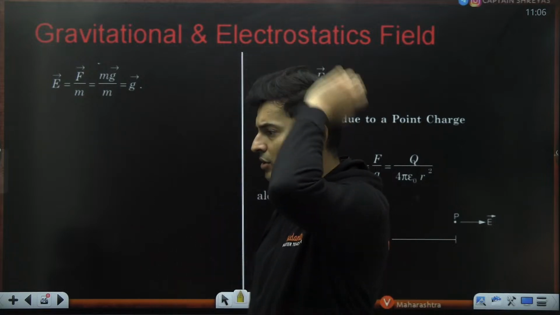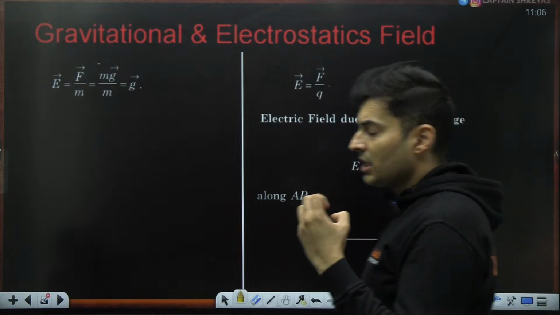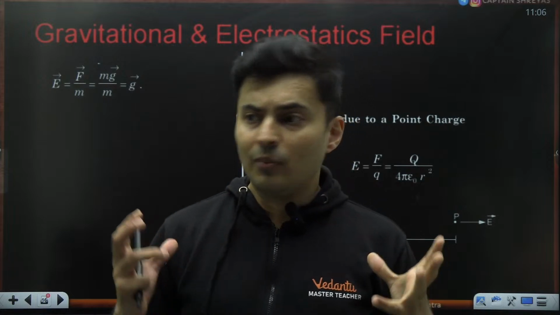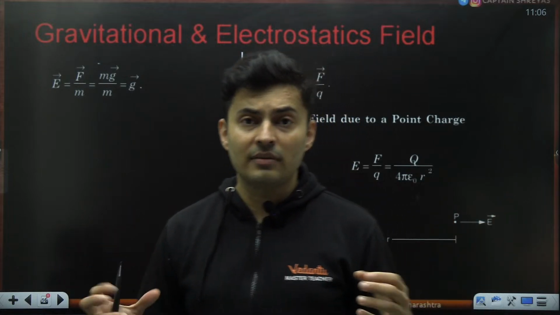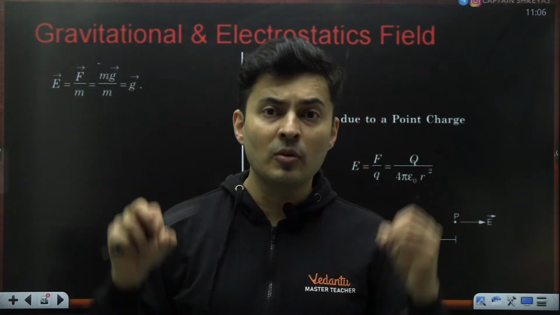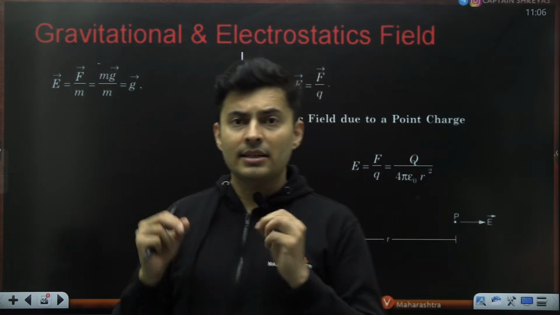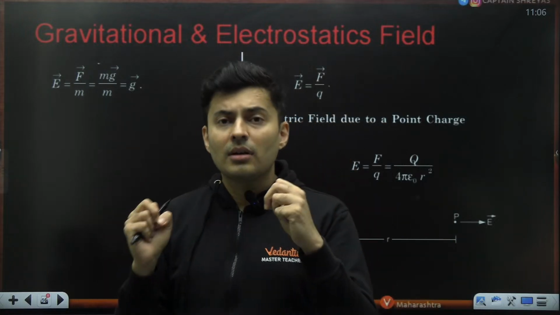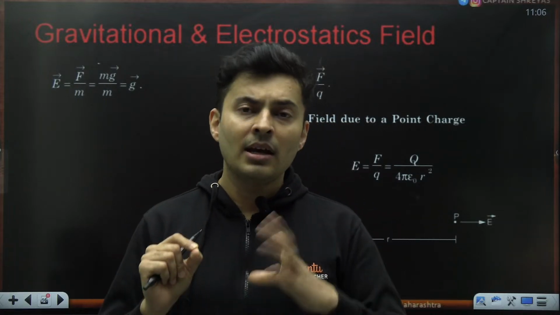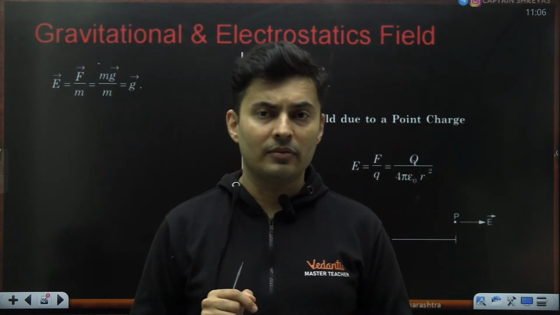Okay. So let's do the next concept of field. Field is present around any mass or any charge, and the moment I say there is a gravitational field or electric field, that means any other charge or any other mass you place in that field will experience the force. And field is defined as how much force you experience per unit mass in case of gravity and per unit test positive charge in case of electric fields.